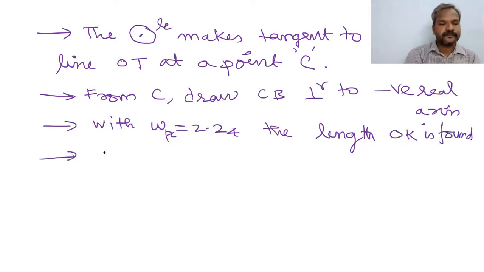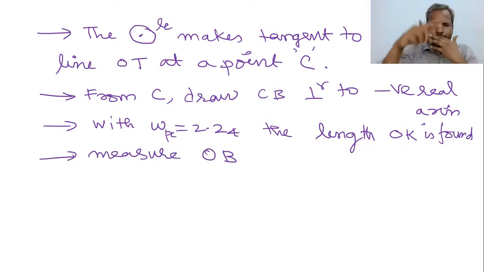Then measure OB. The line CB is perpendicular at the point C. In this problem, OB is nothing but 1 by K, so K is equal to 1 by OB.